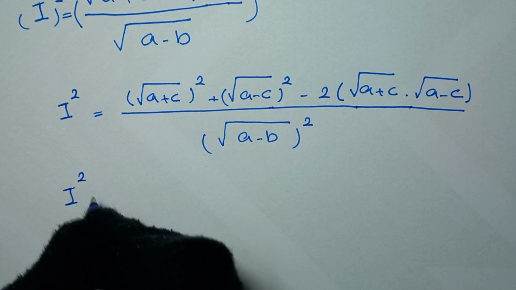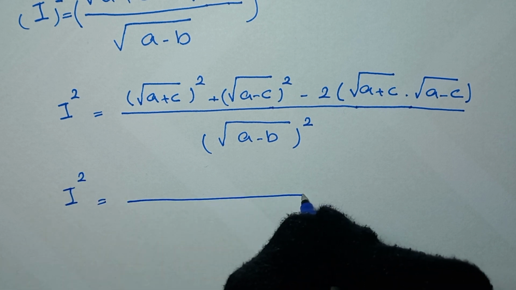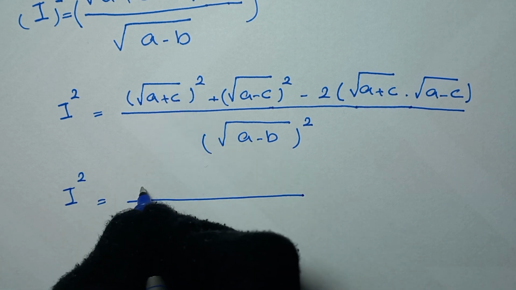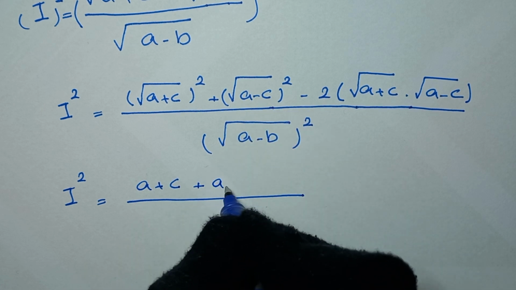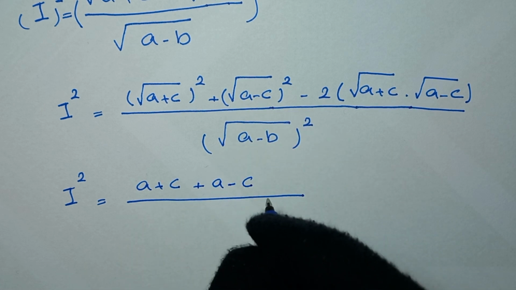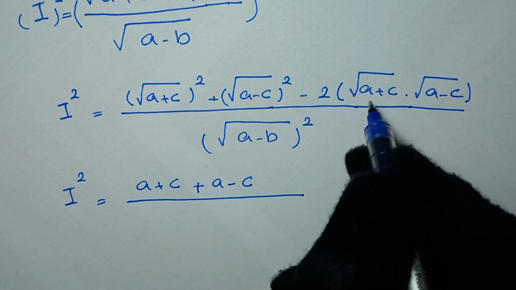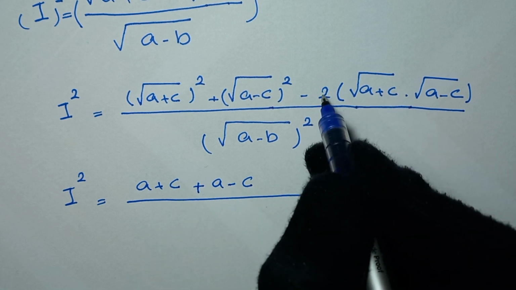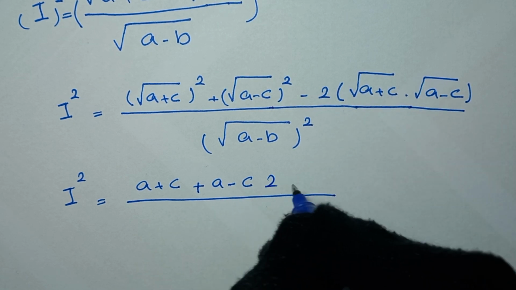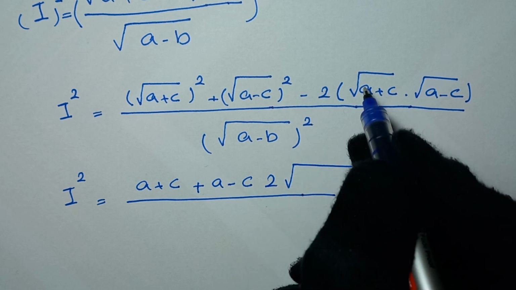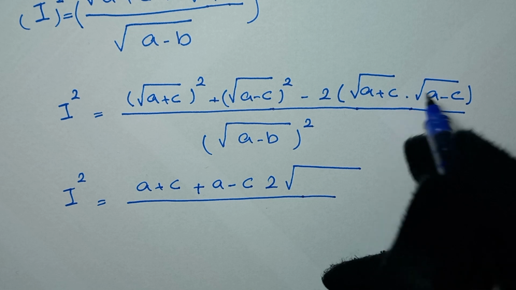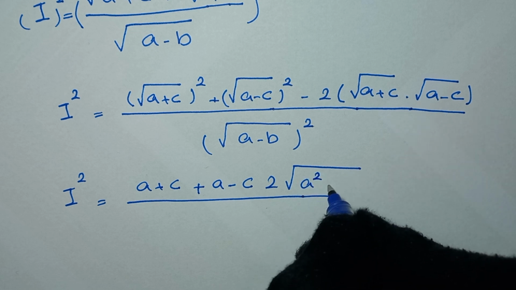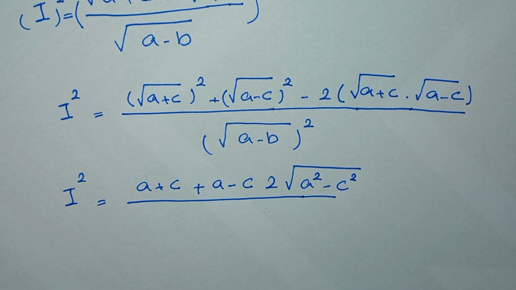I square is equal to this to the power of 2, it will be a plus c, and this to the power of 2, it will be a minus c, and in here 2 times this, we can write as 2 times square root of a plus c times a minus c, and in here this is in the form of a square minus c square, right?